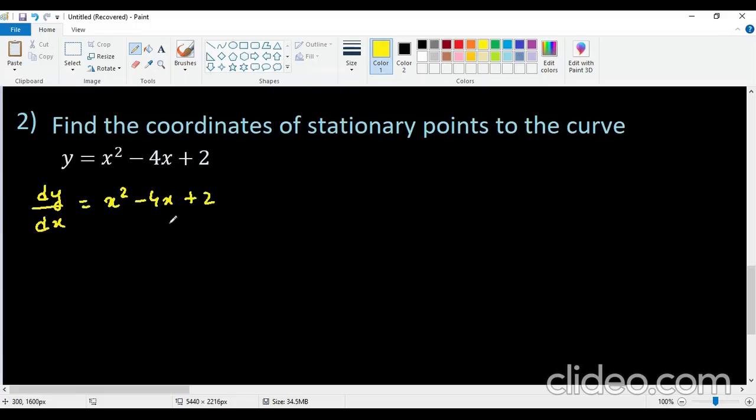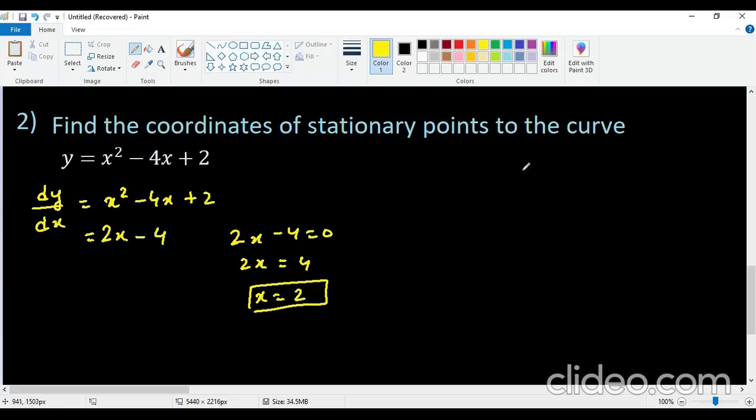We know very well, same thing we'll do: make it 2x minus 4, and the plus 2 is not going to be used. So 2x minus 4 equals 0. That means 2x equals 4 and x equals 2. So the first value we have got is 2.